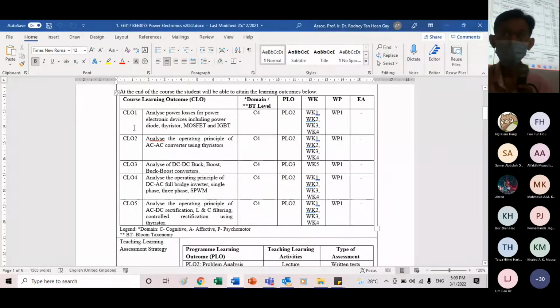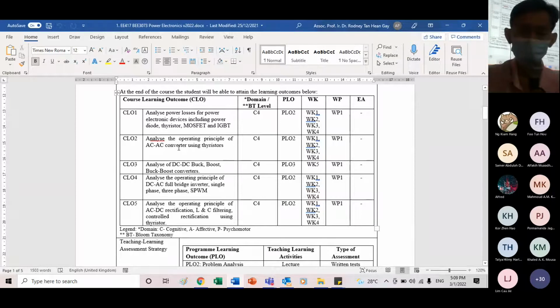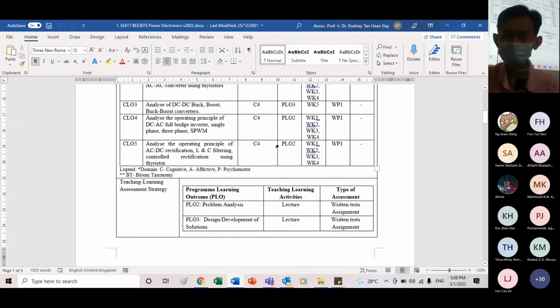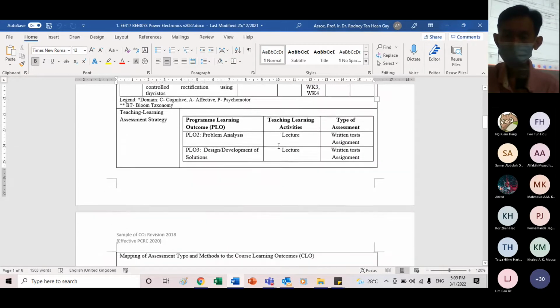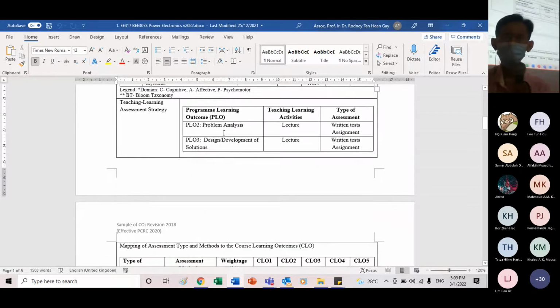And of course, you will study the device. You will study the 4 important converters for power electronics. And we basically cover 2 PLO, the problem analysis, and design and development of solution.